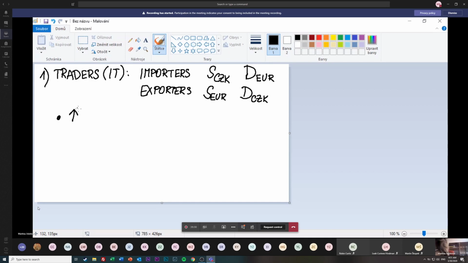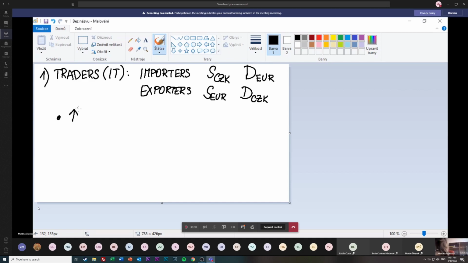So, first, there will be an increase in Czech exports, and second, a decrease in Czech imports. You should decide if the Czech crown will depreciate or appreciate. I will give you some time to think about it.